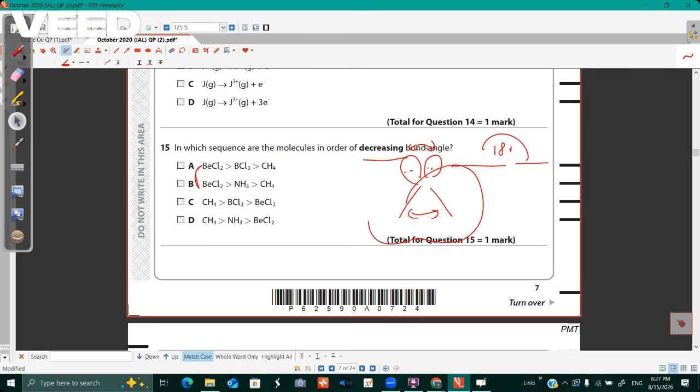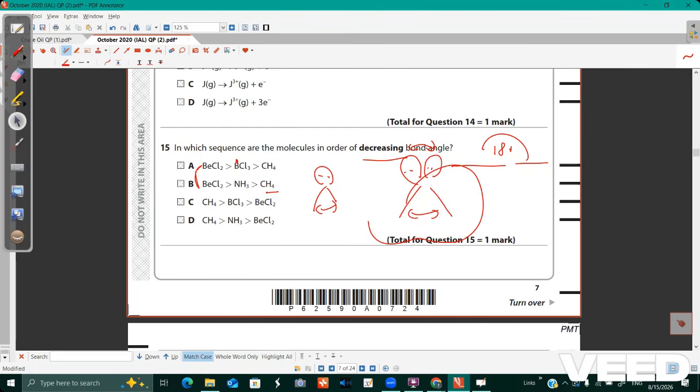When you compare CH4 and ammonia, tetrahedral, so therefore definitely in ammonia you have one lone pair. So therefore the bond angle must be much closer because there's one lone pair in ammonia. So from the other side, the bonding angle is getting closer.